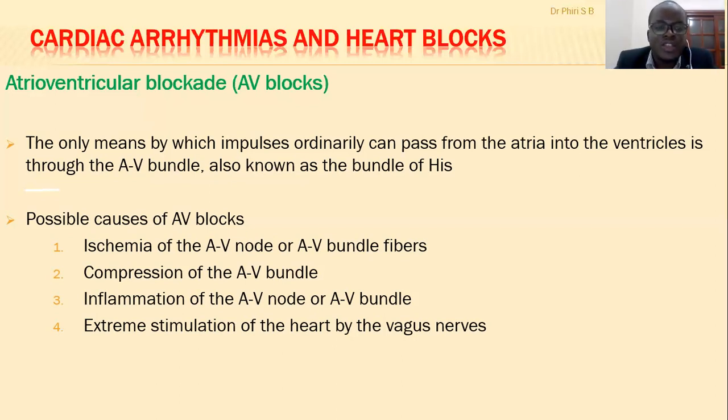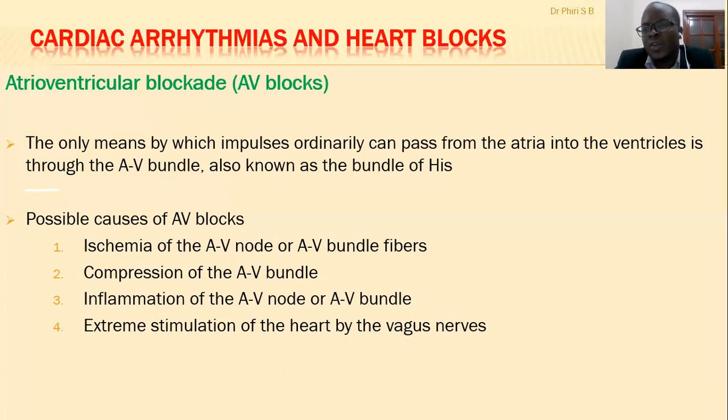Sometimes you can have extreme stimulation of the heart by the vagus nerves. So to say, the vagus nerve is mainly producing acetylcholine. Remember, you have the preganglionic neuron and the postganglionic neuron. So in parasympathetics, they are all cholinergic nerves. The preganglionic is producing acetylcholine, the postganglionic is also producing acetylcholine.